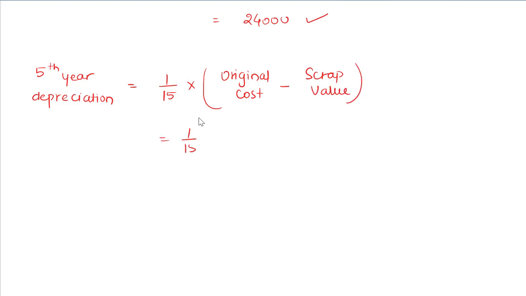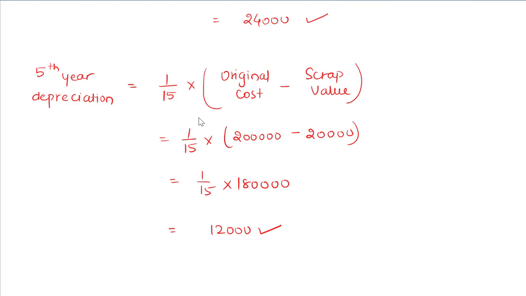So over here, 1 by 15 multiplied by 2 lakhs minus 20,000. So 1 by 15 multiplied by 1,80,000 comes to 12,000. So depreciation for the fifth year is 12,000. I believe it is clear.